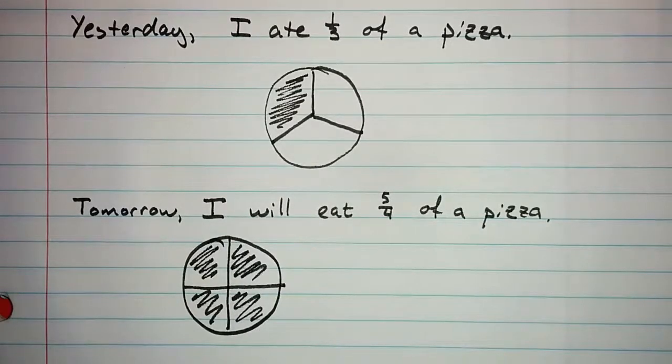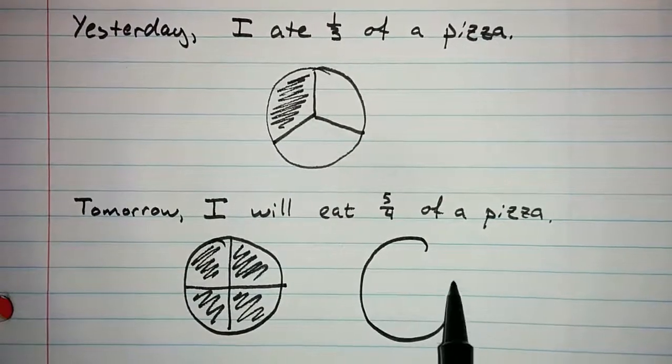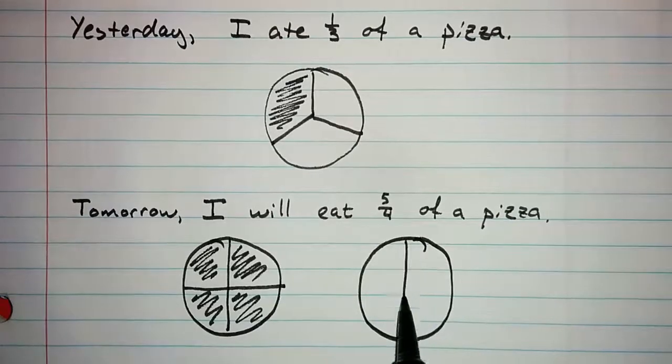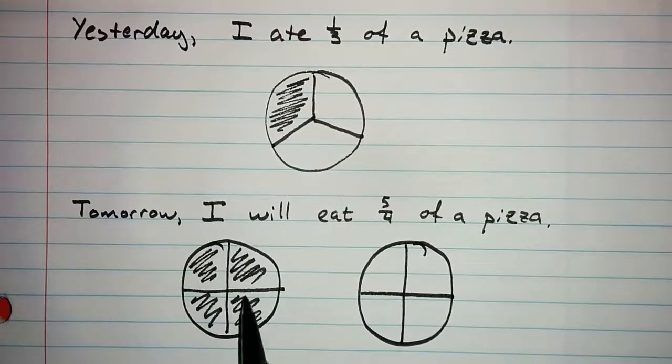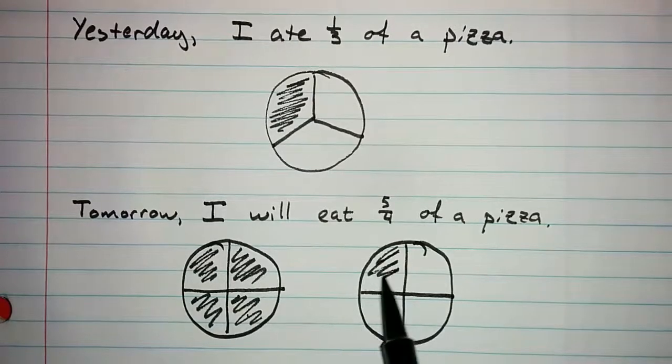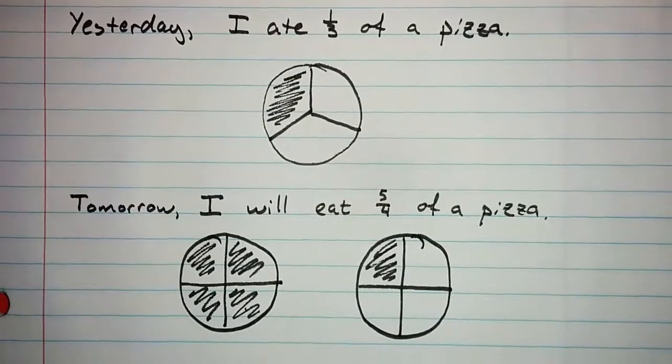That's not enough, right? I'll need to go fetch another pizza, cut it into 4 equal parts. I already have 1, 2, 3, 4, 5. 5/4 of a pizza. We wouldn't necessarily say this. It would be a little bit odd.